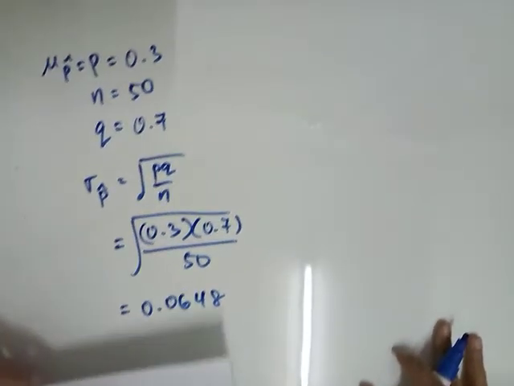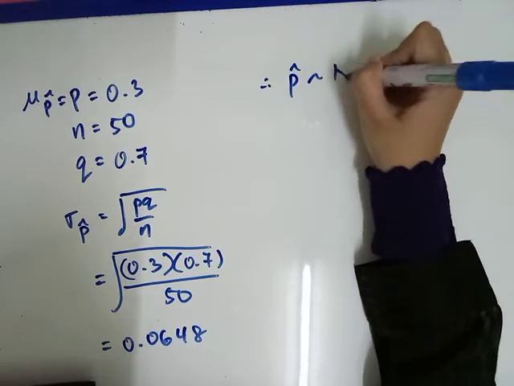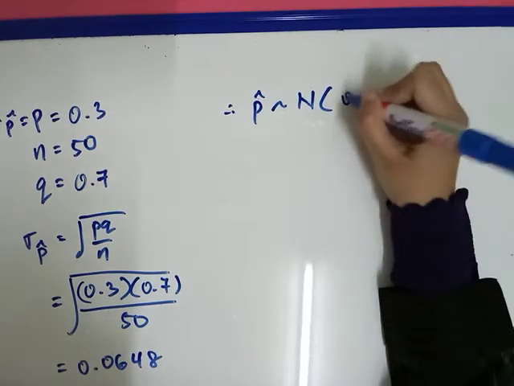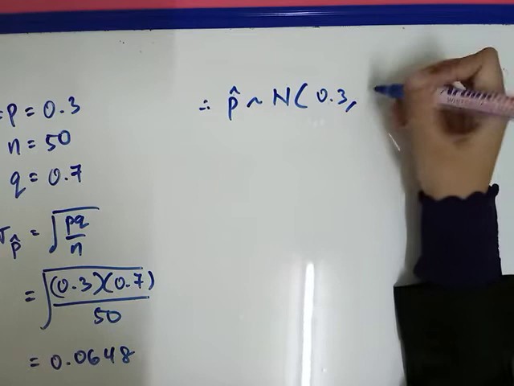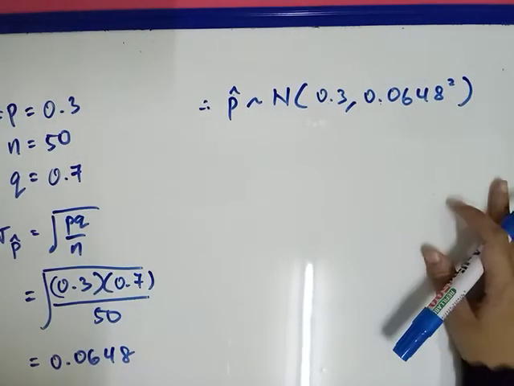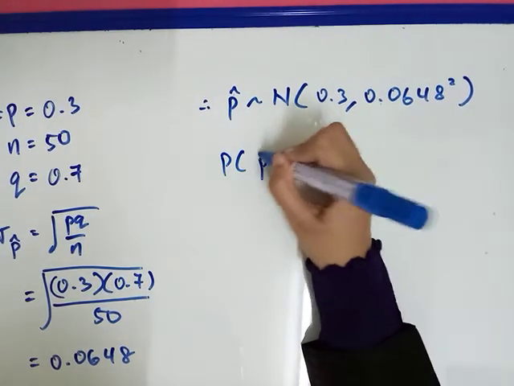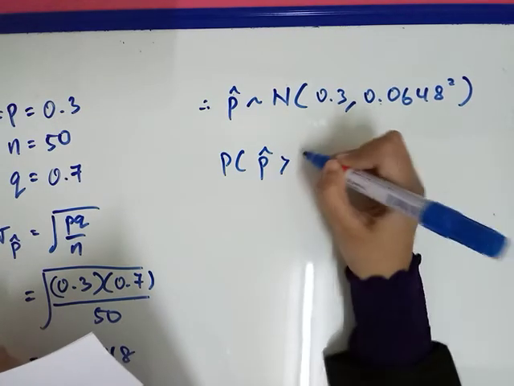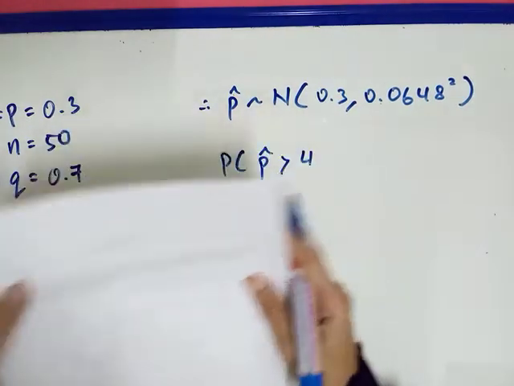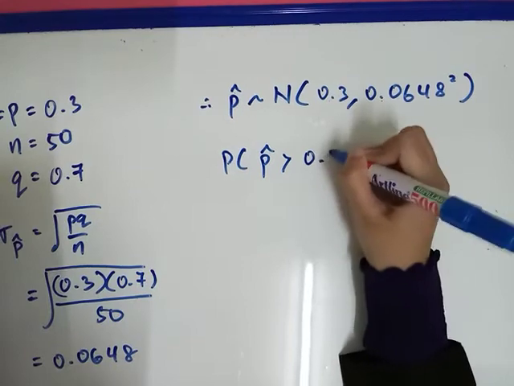So the sample proportion is normal with mean of the sample proportion 0.3 and variance 0.0648 squared. And then we need to find the probability for sample proportion greater than 40%. 40% dalam percentage, that means you need to express into decimal, which is 0.4.